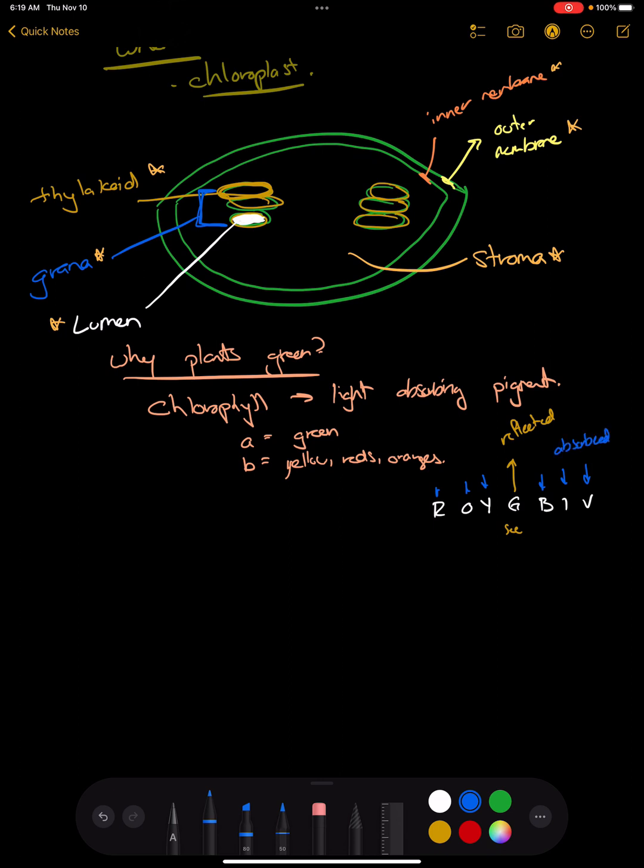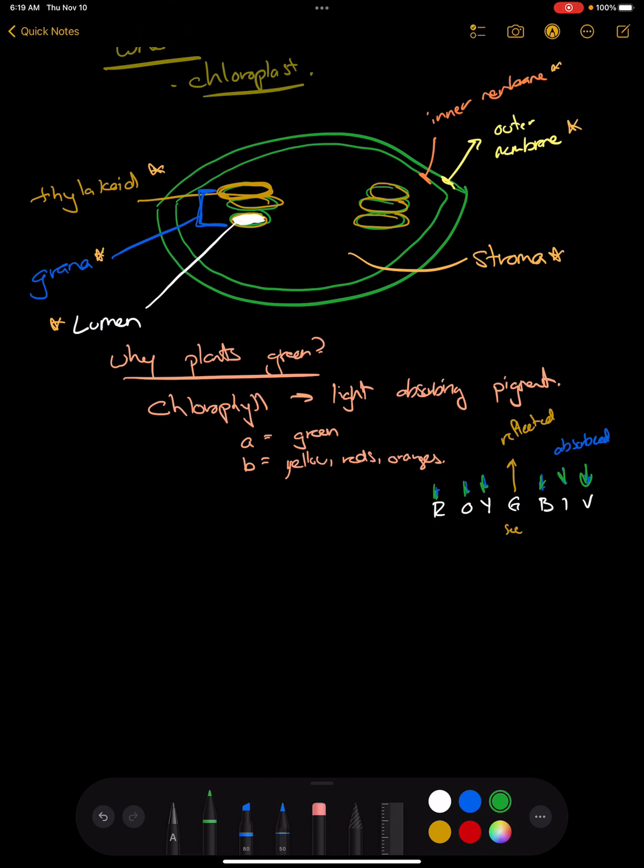And if I can absorb that light energy, that means I get to do something with it, all right? That's why we have two different types of chlorophyll. We have the green, because look at all of the stuff that I get to absorb if my chlorophyll reflects green back at me. But then it's like, well, what if I want to use that green energy too? I don't want to be wasteful.